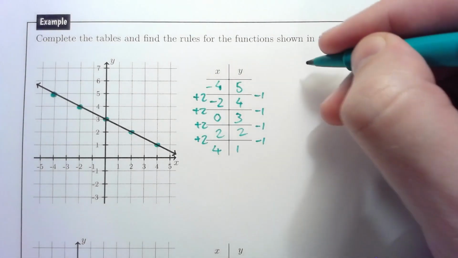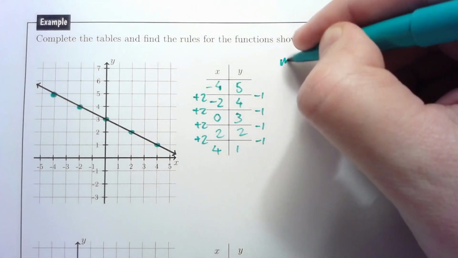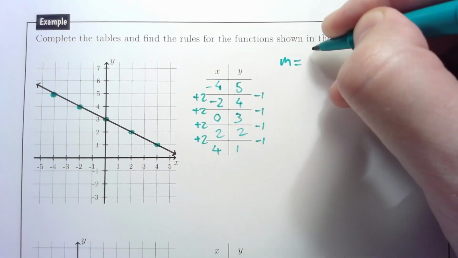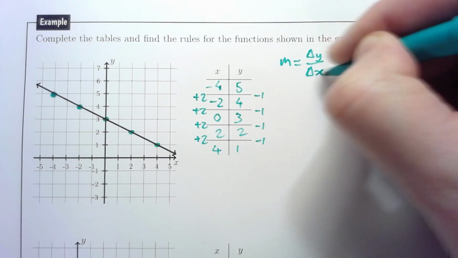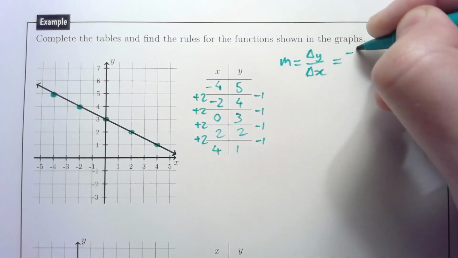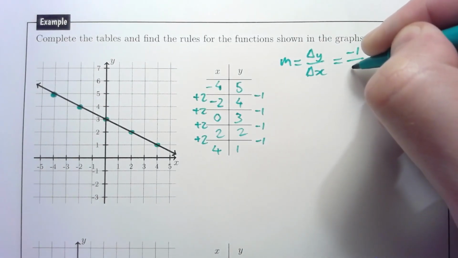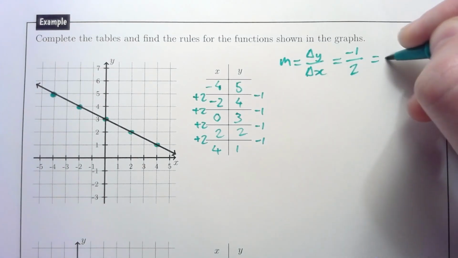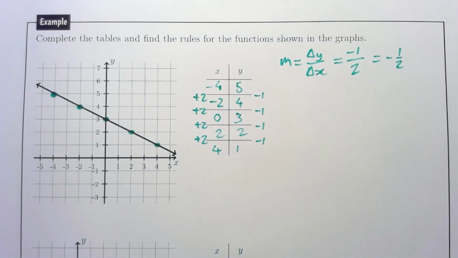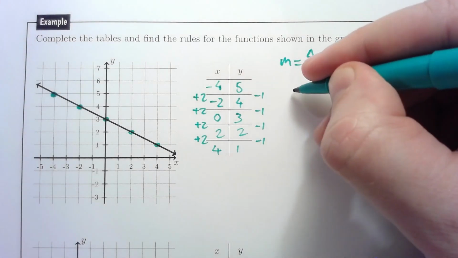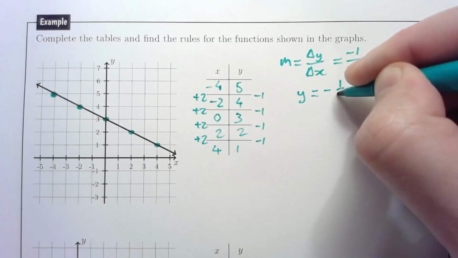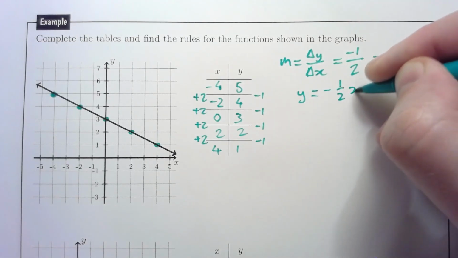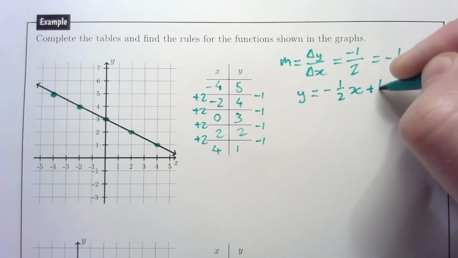So our rate of change, which is m, is change in y over change in x, which is -1 over 2, or -1/2. So that means our rule looks something like y equals -1/2 of x plus b.